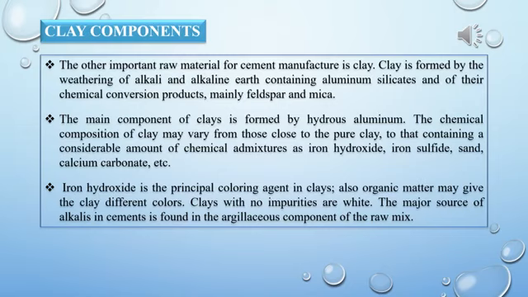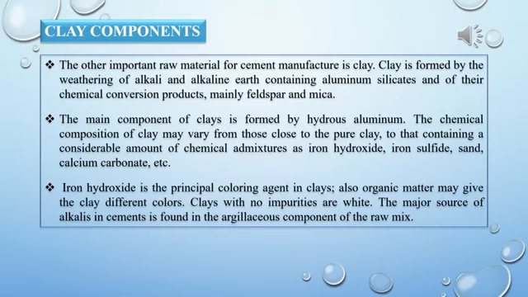So today we are going to discuss the second component for the production of cement, and then we will discuss wet process and dry process. These are the two major processes which are being used in the production of cement in the cement industry.